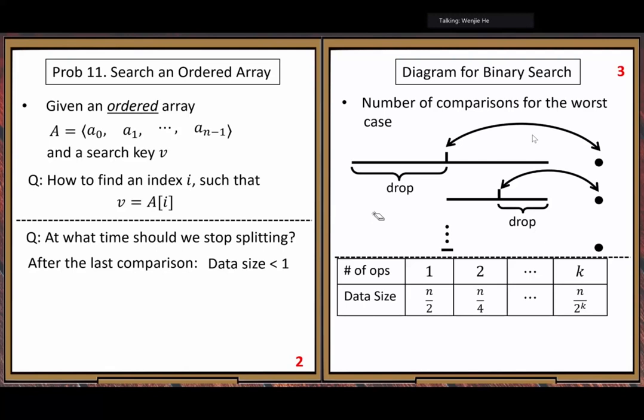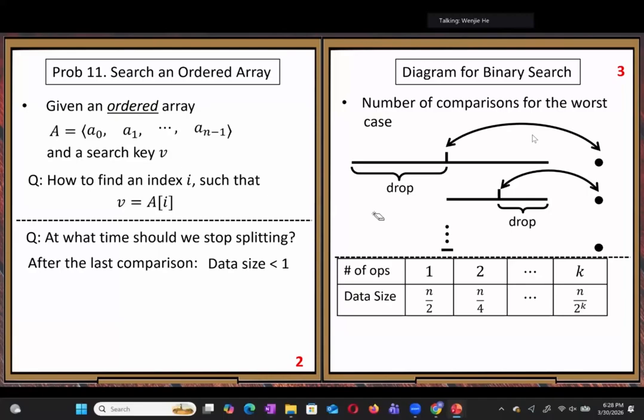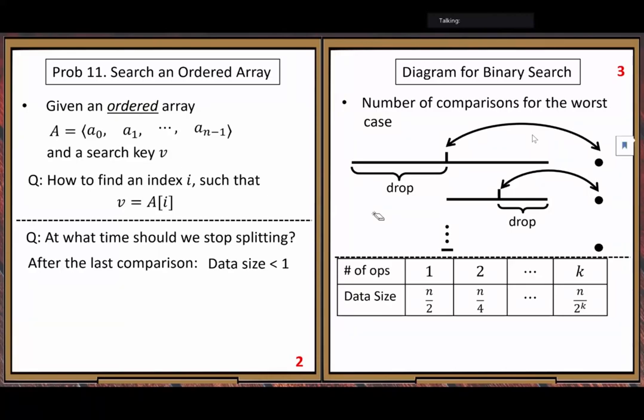Here, let me draw the diagram a little more, because I'm afraid it's too abstract for your understanding if I just do talking. So I still draw a line segment representing the elements in this array. Let me put many dots representing the elements in this array.